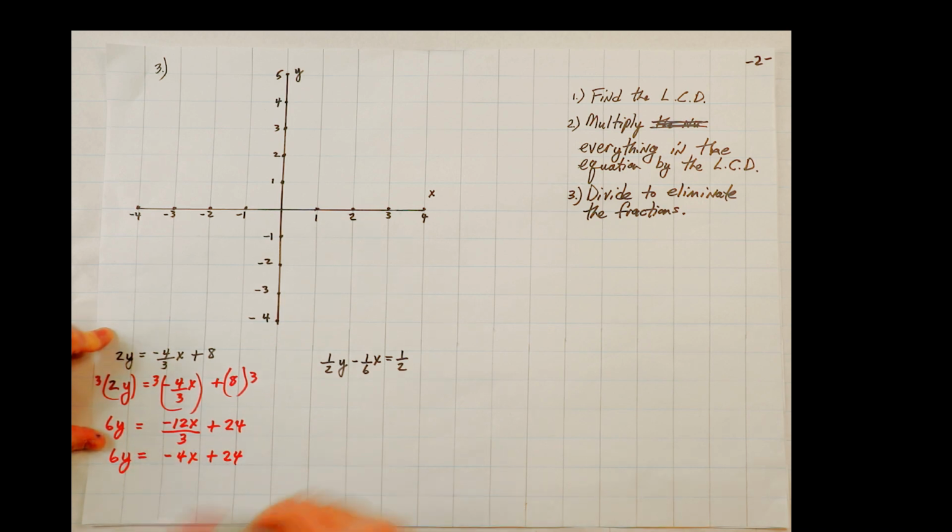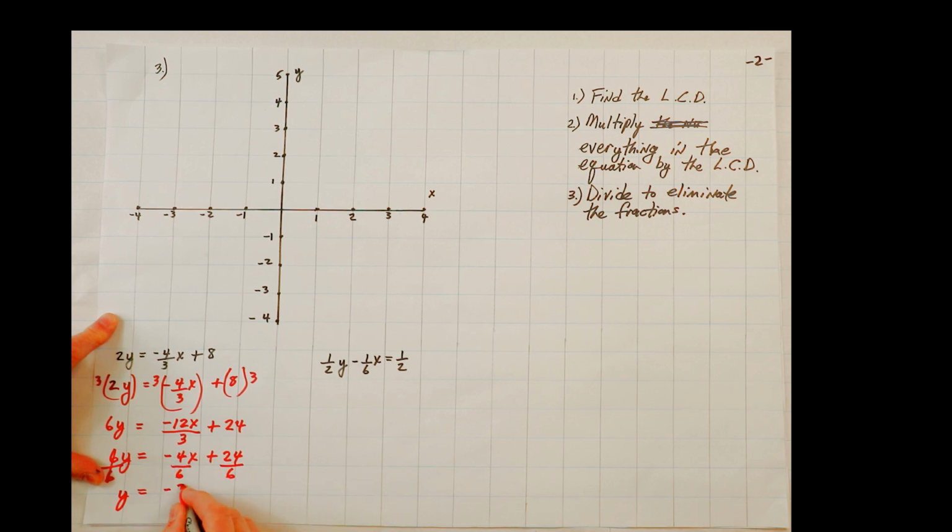So I did all 3 steps. So now the fractions are gone, and we have to put it in slope-intercept form. Now in this particular case, the x term and the single number, they're on the right-hand side anyway, so all we have to do is divide by 6. 6 divided by 6 is 1, or 1y, and that is equal to negative 4 over 6x.